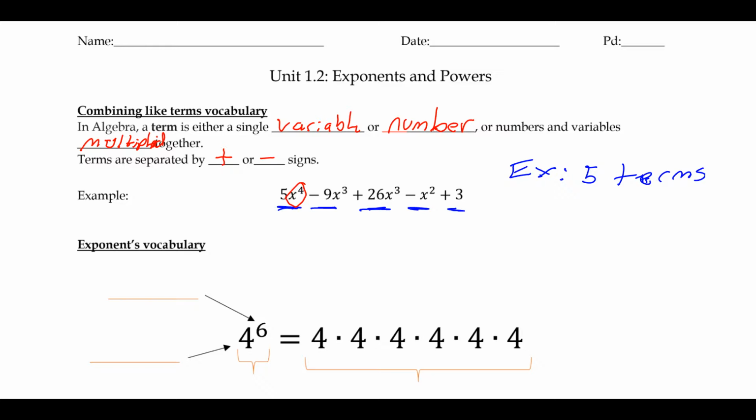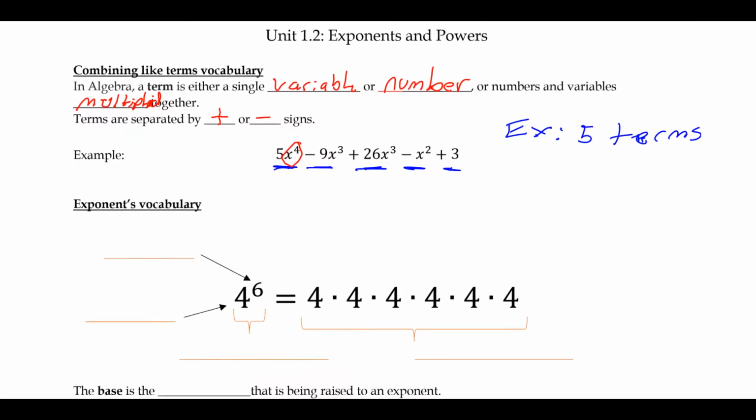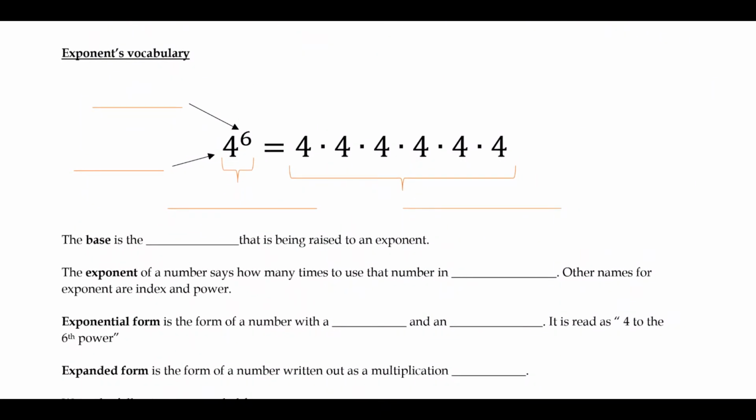But now what we're going to do is change gears, okay? The big thing here is that with combining like terms, you always have plus or minus signs separating something. When we look at expressions with exponents, everything's going to be multiplied or divided. So now, let's take a look at just some basic exponents and get some definitions down here.